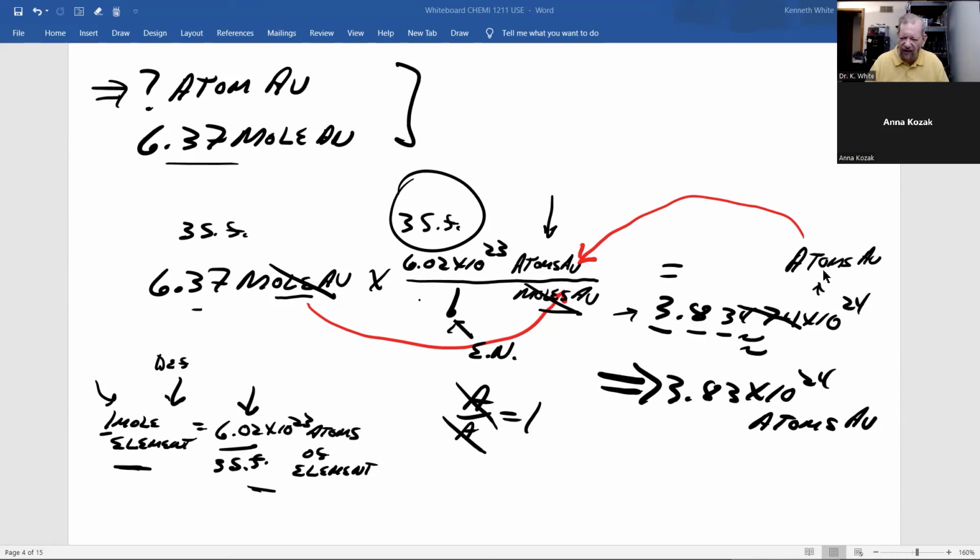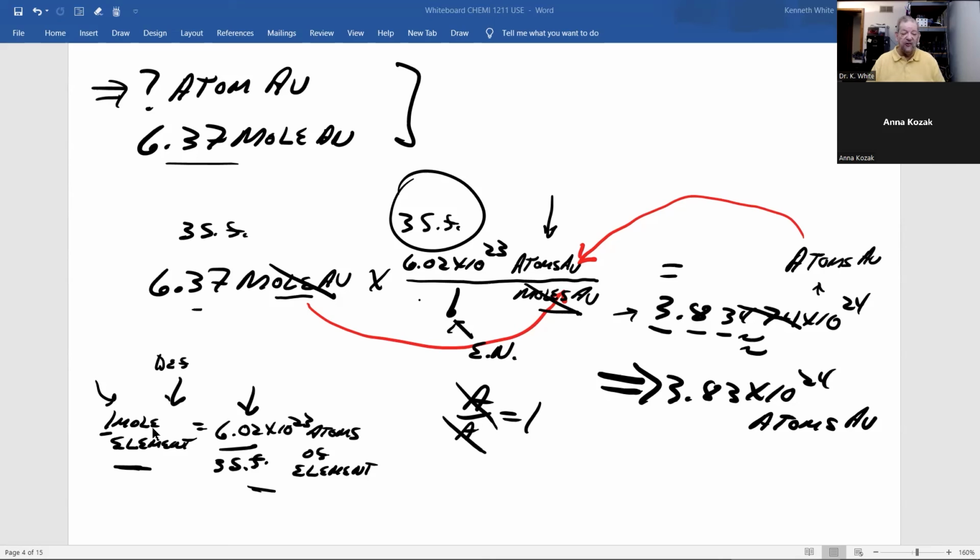What's that ratio? Well, to figure it out, whatever units you want to get to goes on top of the ratio. Whatever units you're trying to get to, follow the red arrow, goes on top. And whatever units you don't want, you want to get rid of, go underneath the ratio. And where do you get these numbers?